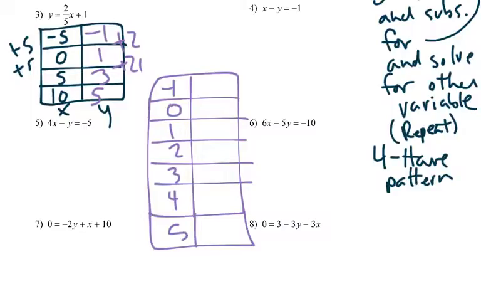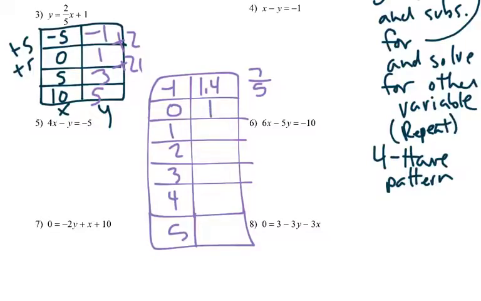So negative 1 would be 2/5 times negative 1 would be 2/5 plus 1 would give us 1.4 or 7/5. Okay. Then 0 was still 1.